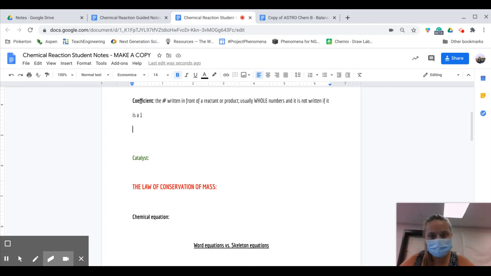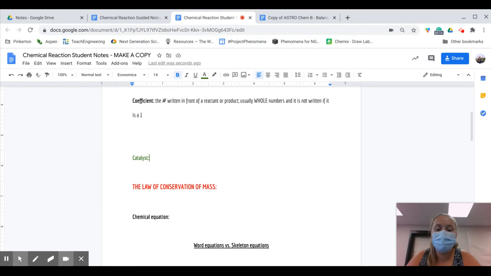The catalyst is something that helps speed up the reaction. So this can be light, heat, electricity, another substance, you name it.